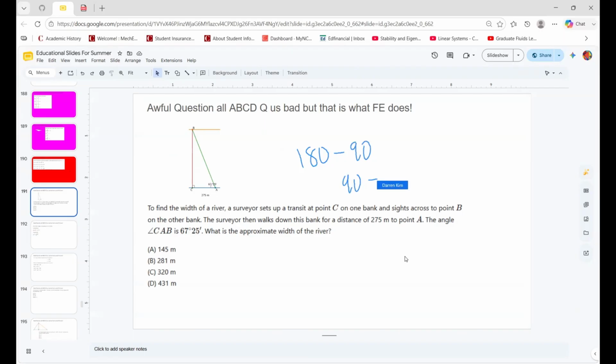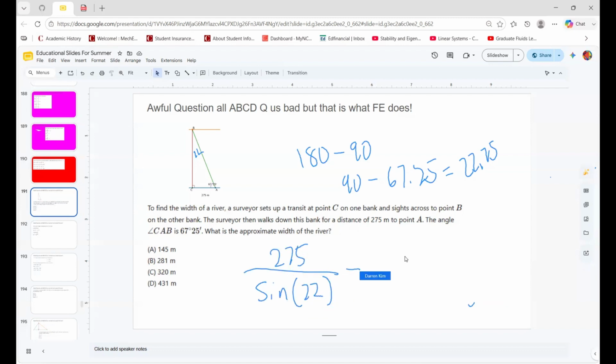So it's 90 minus 67.25, which is equal to 22.75. So this is about 22. So what we do instead is sine of 22 equals 275, which equals x divided by sine of 67. And we can just do that and get x. So just multiply this by sine 67 and we're good. So 275 sine 67 divided by sine 22, which gives you a dumb answer.